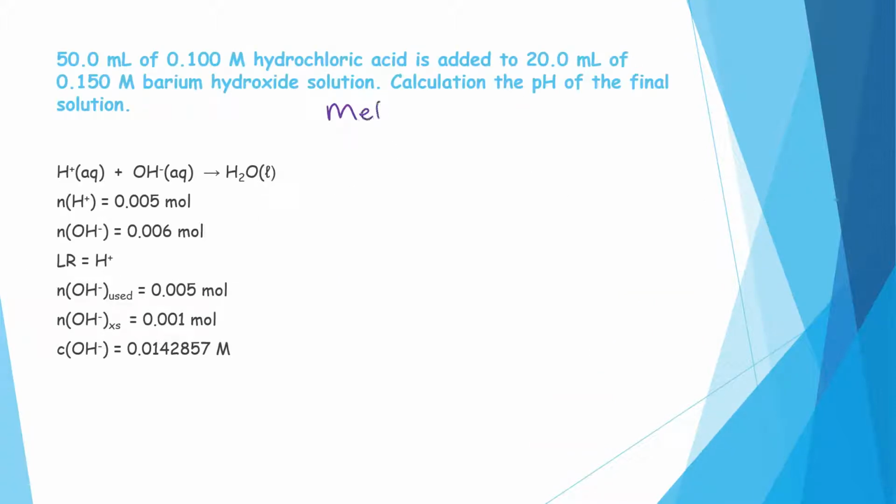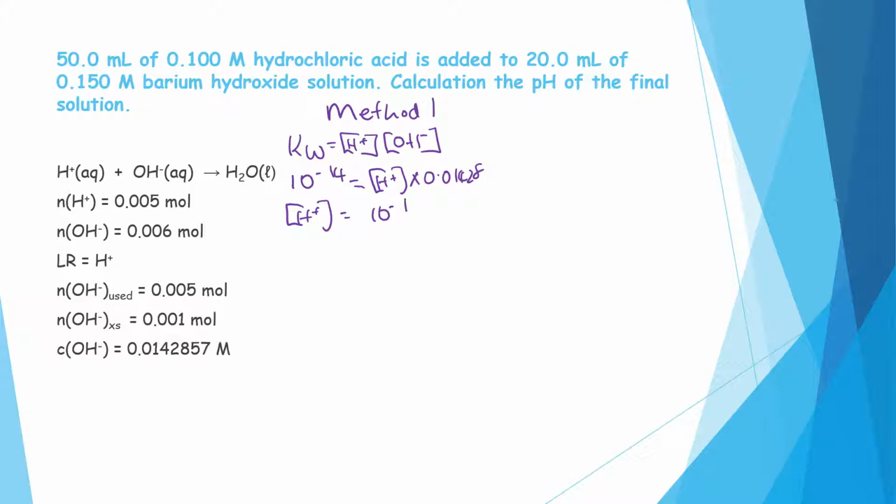So method 1. Using Kw, we know that Kw is equal to the hydrogen ion concentration times the hydroxide ion concentration. So 10 to the negative 14 would equal the hydrogen ion concentration times 0.01428. So the hydrogen ion concentration equals 10 to the negative 14 divided by 0.01428, which comes out to be 7 times 10 to the negative 13 moles per litre.